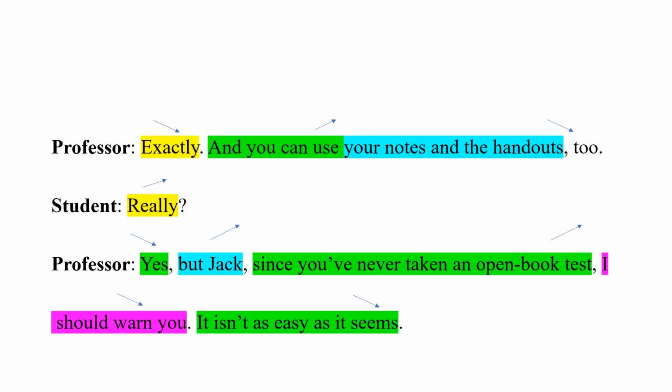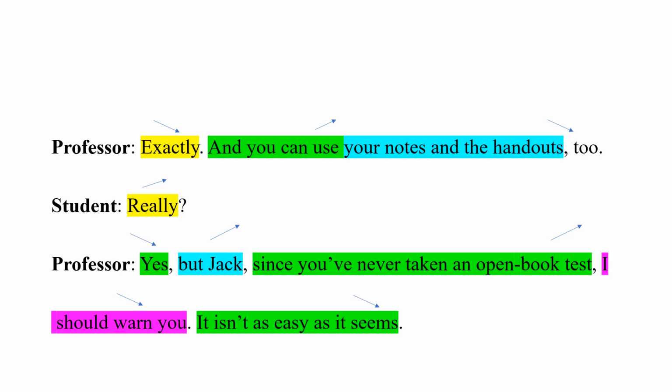The student line, really? So this is a yes/no question. And then the professor begins with yes and falling intonation, which shows certainty. Then on the blue one, but Jack, the professor uses a rising tone because he wants to tell the student that his speech is not yet done and he wants to continue.